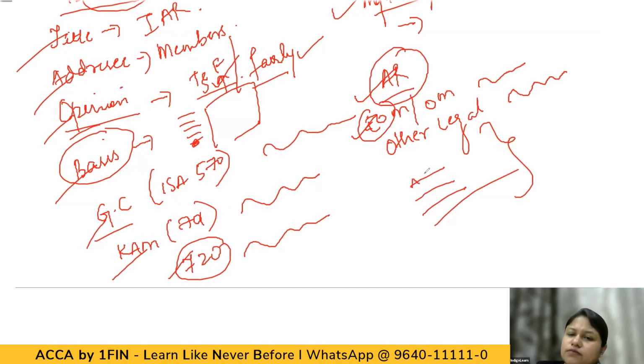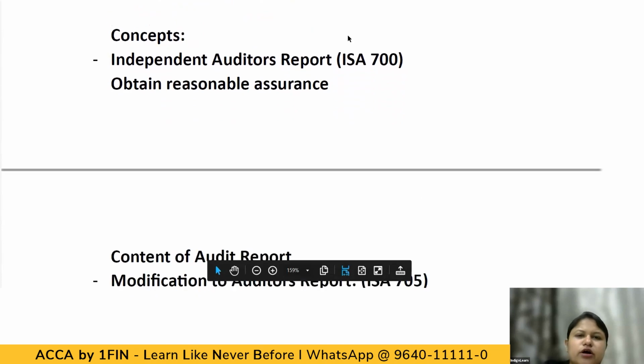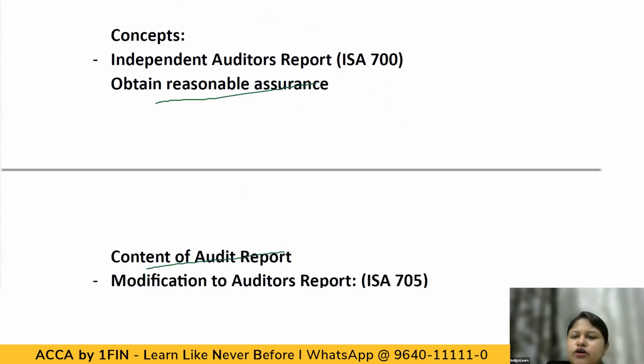Then you'll have the name of the audit firm, signature of the engagement partner, then date and place. All of this will become important. So that is all the content with respect to the auditor's report, and that has been given in ISA 700, and in ISA 700 they have very clearly told in which paragraph what content has to be written. So the responsibility of the auditor will be to obtain reasonable assurance, and then the content of the audit report.